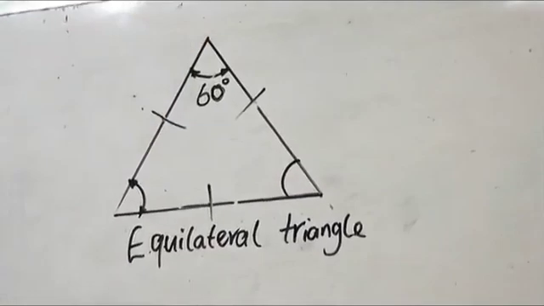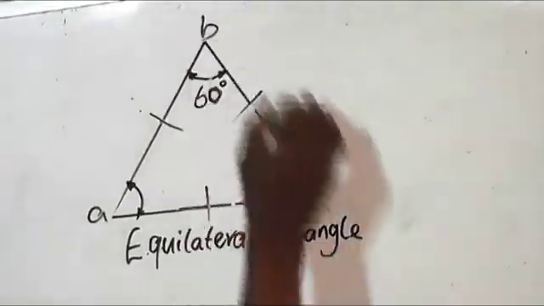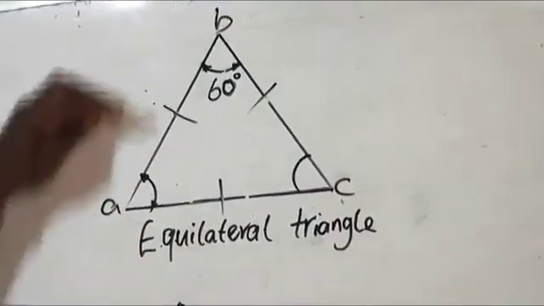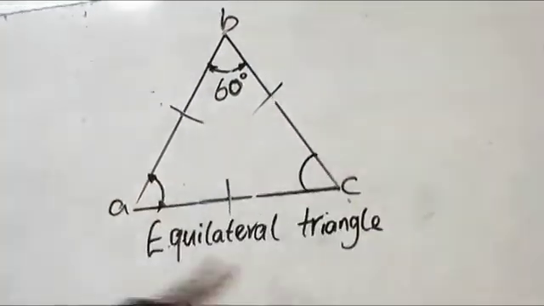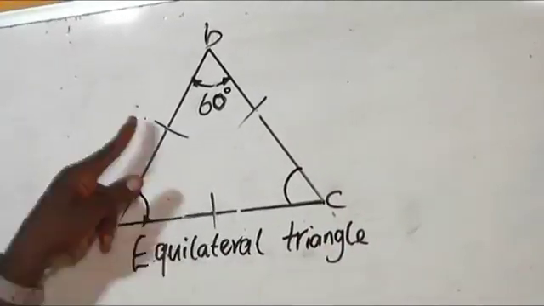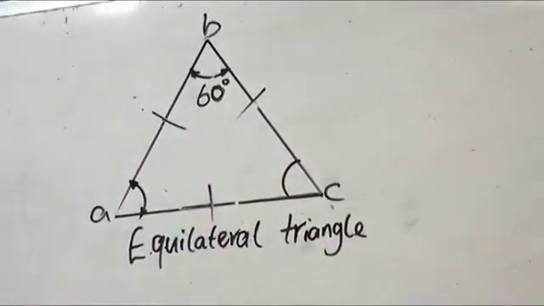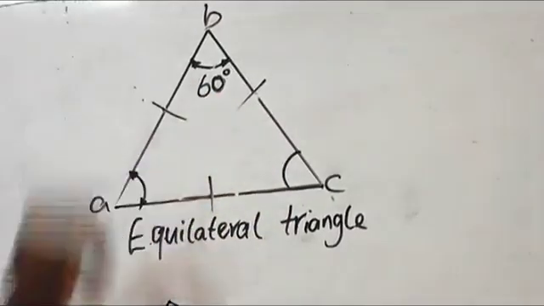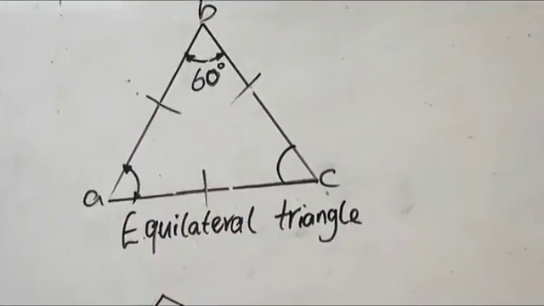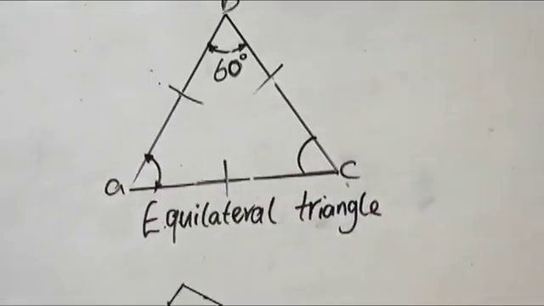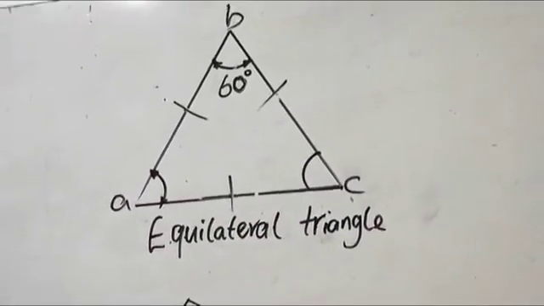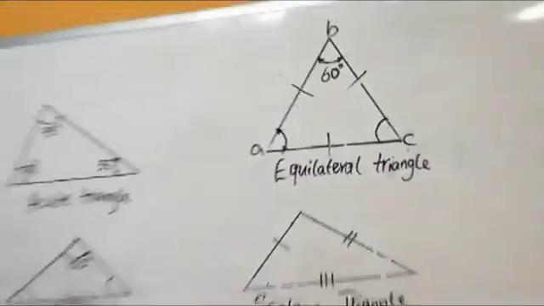If you have this as A, B, and C, you agree with me that AB is equal to BC and is equal to AC. So this symbol is simply telling you that all the sides are equal. The same way, since all the sides are equal, all the angles must be equal too. Just like when you divide 180 by 3, you are going to get 60 degrees.